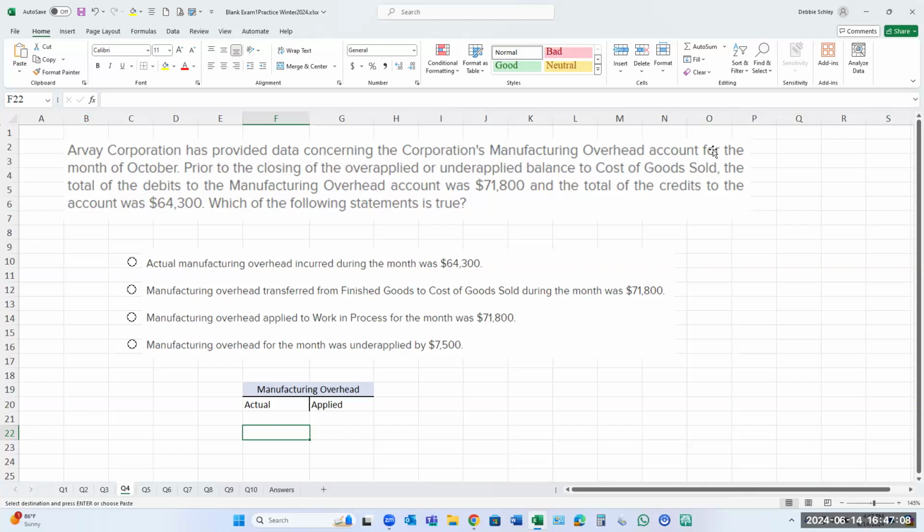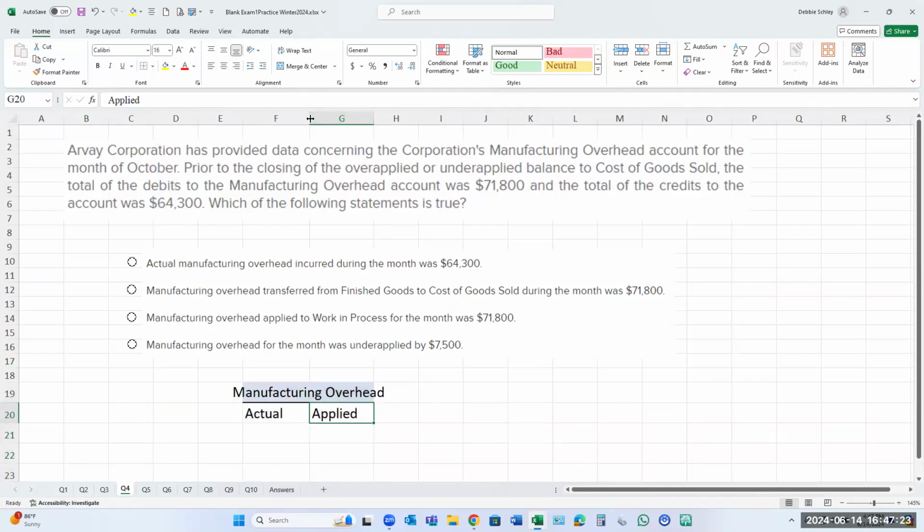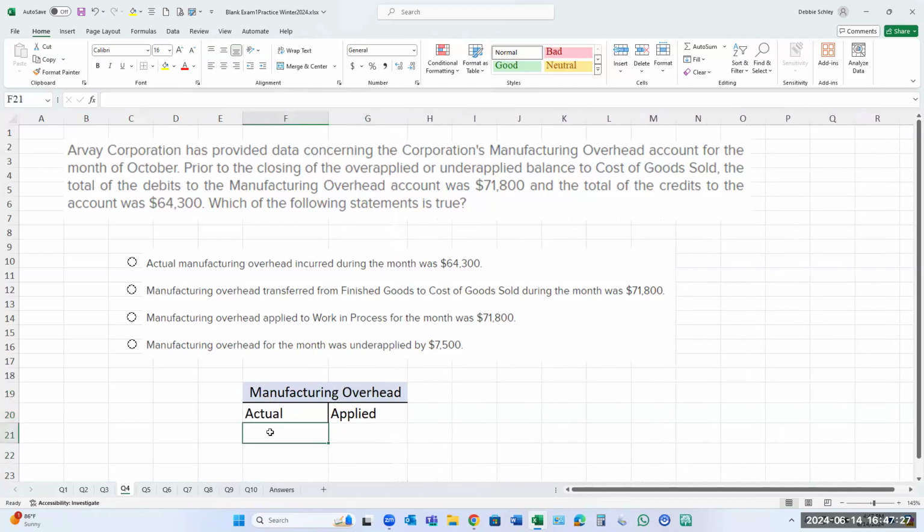The total of the debits to manufacturing overhead account was $71,800, and the total credits were $64,300.